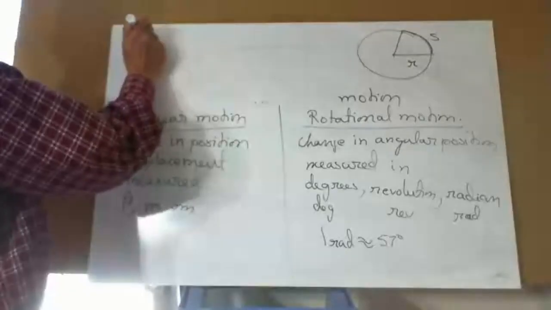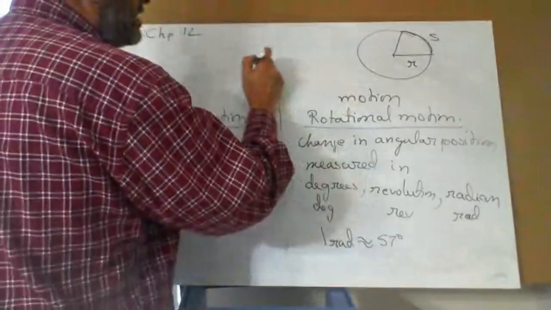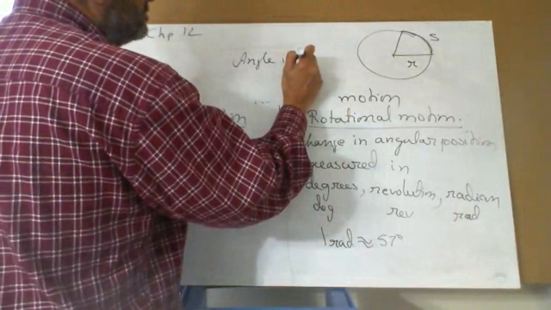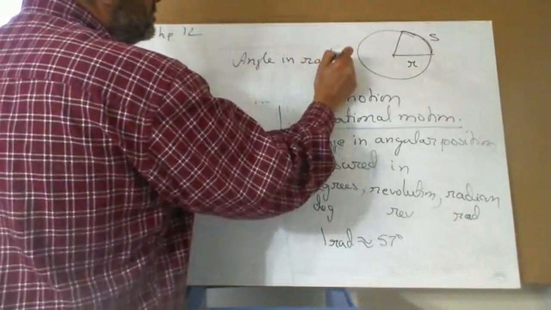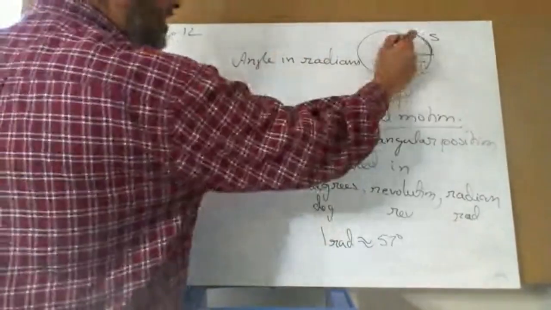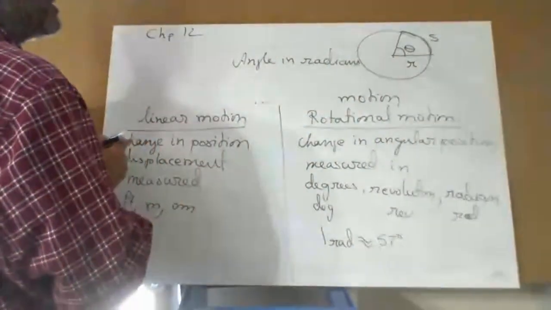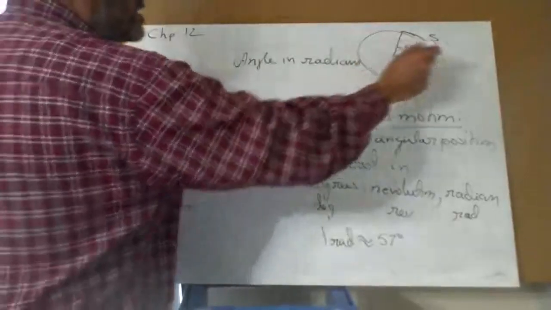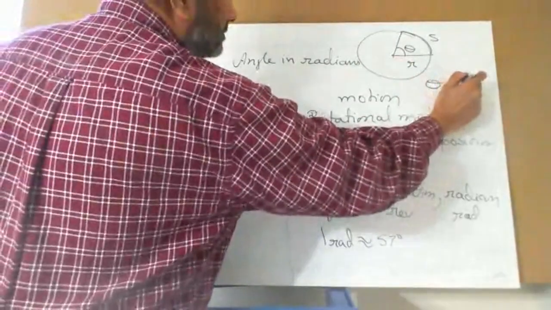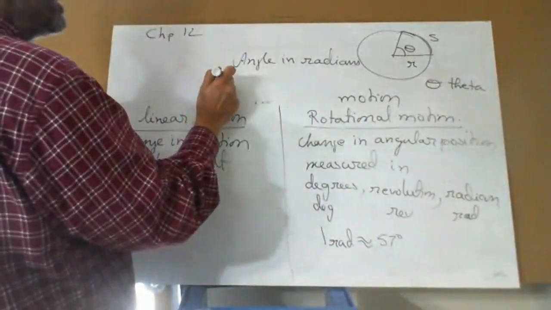So this is chapter 12. We use the Greek letter theta to represent angles. So this is theta.